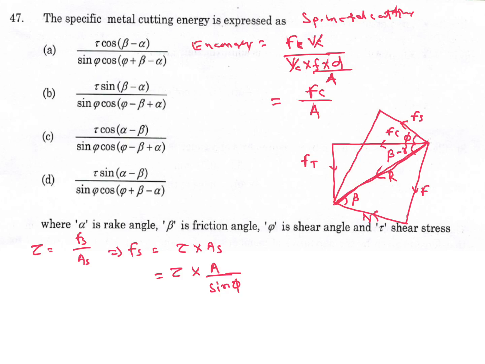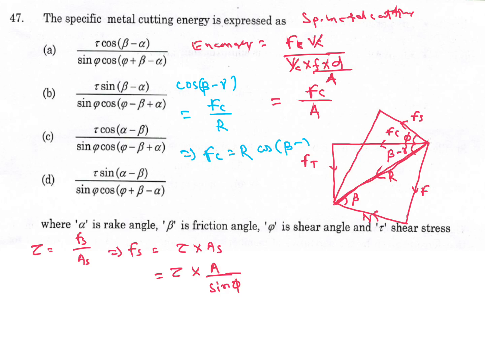Then from this Merchant circle you will get the Fs and R relation. Cos beta minus gamma, you will get Fc divided by R, cutting force divided by resultant force. From here you will get cutting force Fc equal to R cos beta minus gamma.